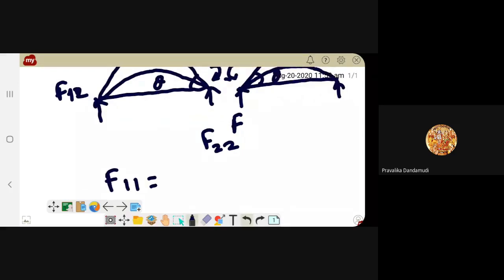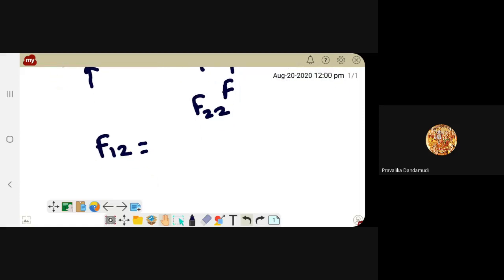F11 is, F12, okay simple way, half of, F22 L. ओके F22L.